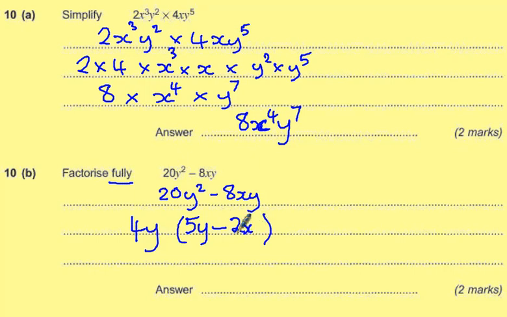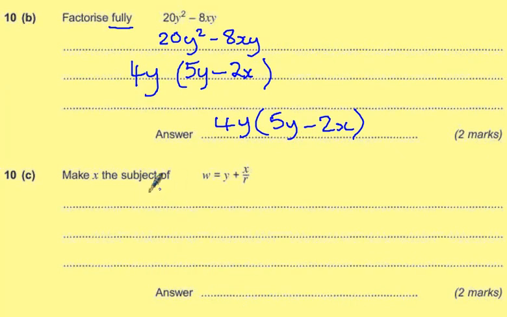So 4 times 2x gives me 8x, and the y times 1 will give me y here. So I don't need to put another y in here. Just check that. 4 times 2 is 8. y times x is xy. Okay, so fully factorised is 4y brackets 5y minus 2x.